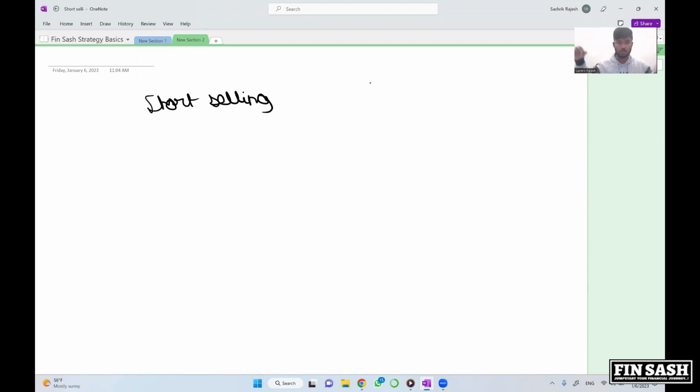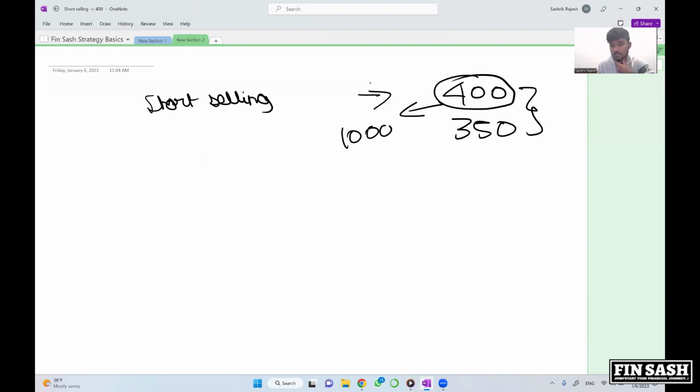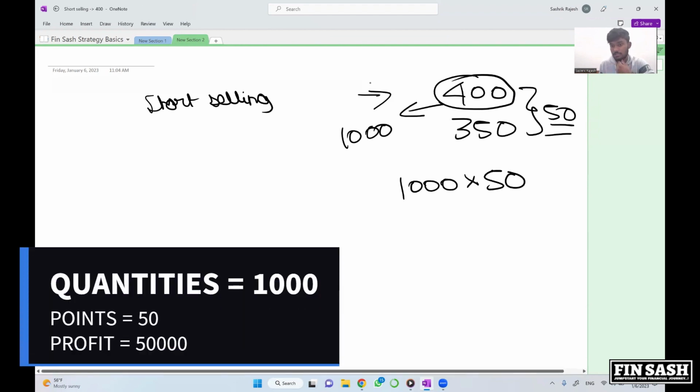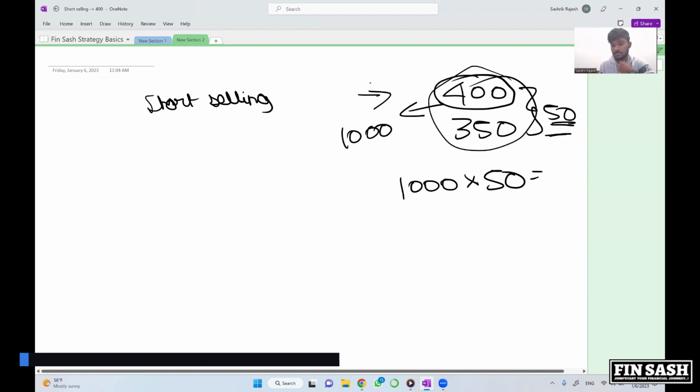For example, if someone thinks that Tata Motors might come down, currently Tata Motors is at 400. I think Tata Motors might come down to 350, right? So I sell probably 1,000 quantities here again. And the difference of this, which is 50, would be my profit. So it'll be the 1,000 quantities multiplied by 50. So the difference of how much you held it.